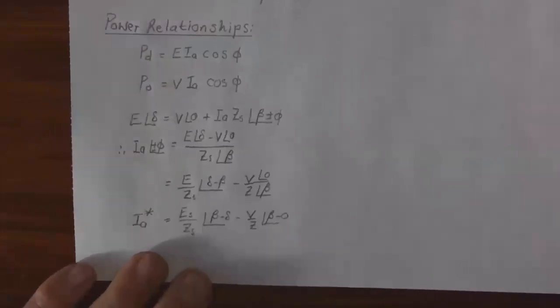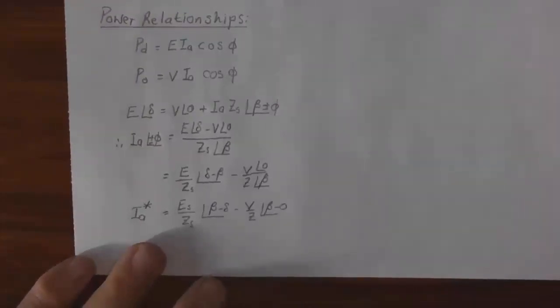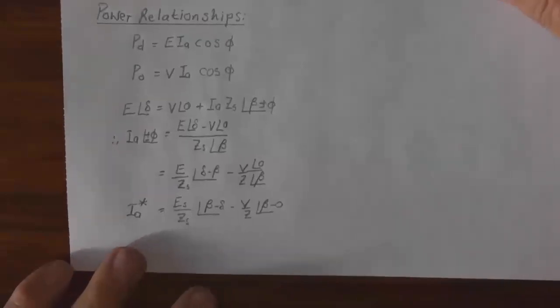Now, if we use the equation for the induced EMF and we make I the subject of the formula, we get E over Z angle beta minus delta minus V over Z angle naught minus beta. Now, in all power relationships, we work with the conjugate of the current. Therefore, IA is E over Z angle beta minus delta minus V over Z angle beta minus 0.